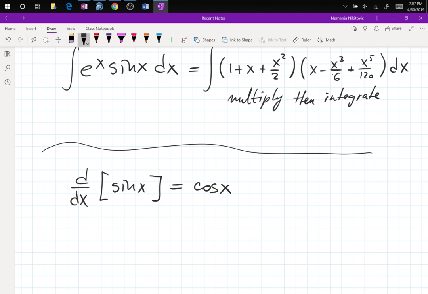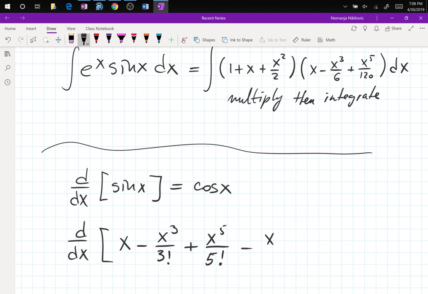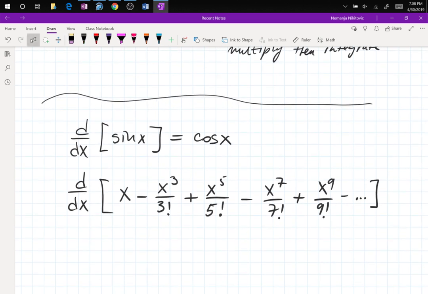We can handle that. So what's the derivative of x minus x cubed over 3 factorial plus x to the 5 over 5 factorial? Do you see when you take the derivative, it's going to land on all evens? Minus x to the 7 over 7 factorial plus x to the 9 over 9 factorial. Plus, minus actually. So what are the derivatives here?